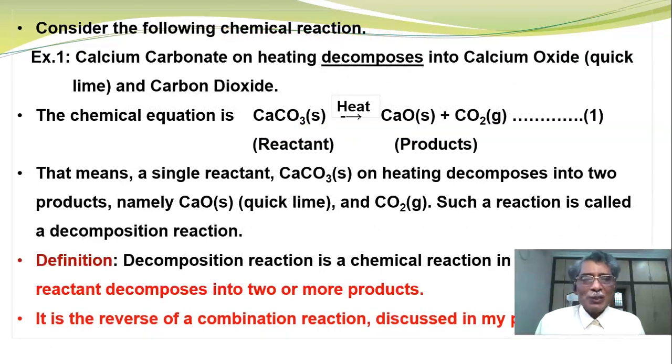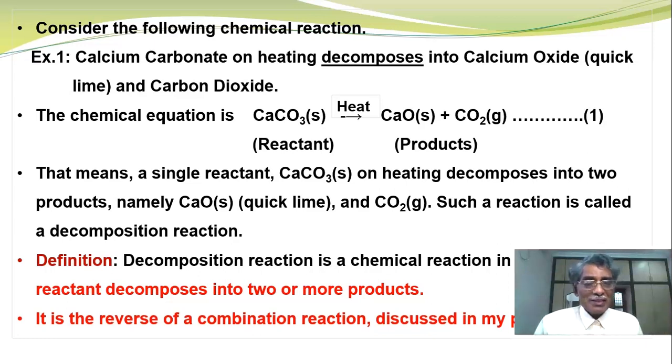Consider the following chemical reaction. Calcium carbonate on heating decomposes into calcium oxide, that is quicklime, and carbon dioxide. The chemical equation is CaCO3 solid upon heating decomposes into CaO solid plus CO2 gas.